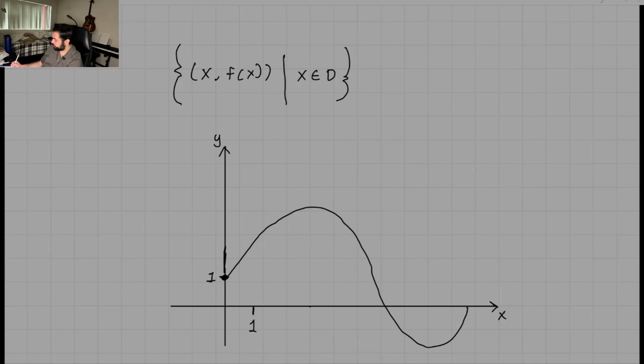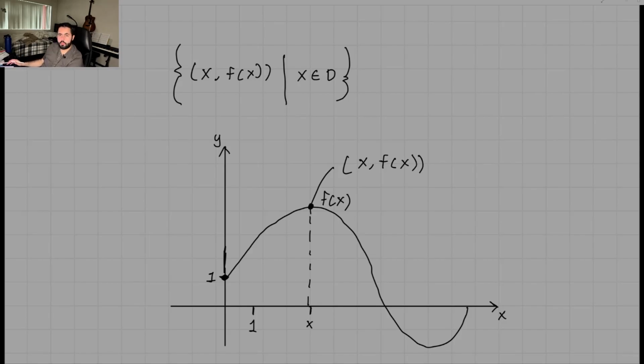Pretty much what you see here is that any arbitrary value x has some value f of x assigned to it. And this point right here can be described as a pair of numbers, x and f of x.